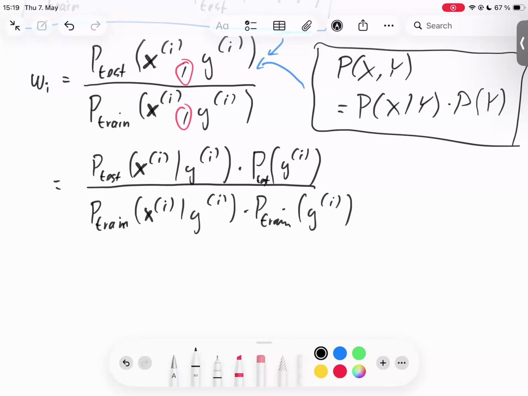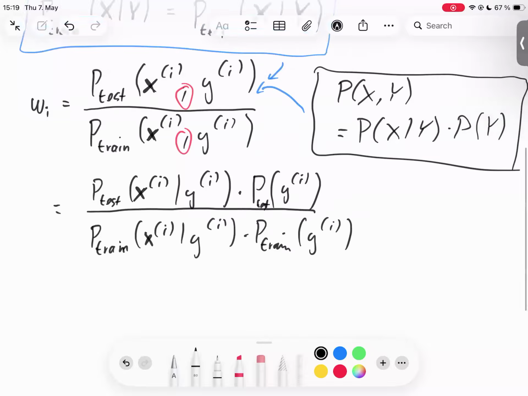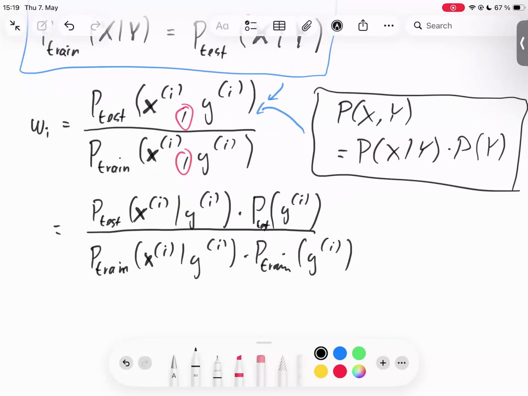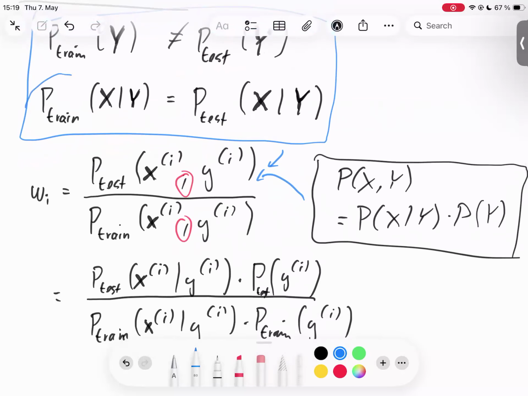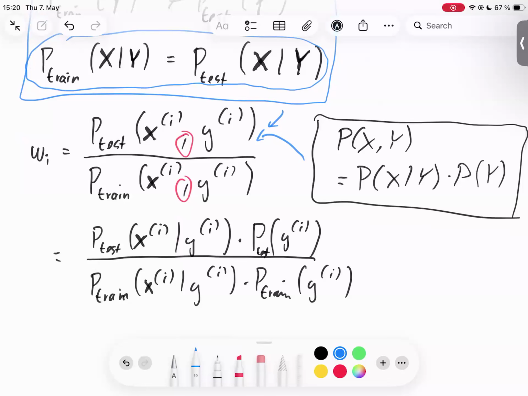So we have just applied this probability law to break this joint probability into a conditional as well as a prior. And now we assumed in here that these conditionals, x given y, for train and test are the same.